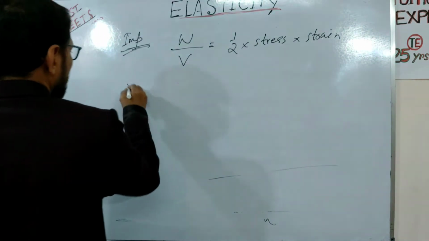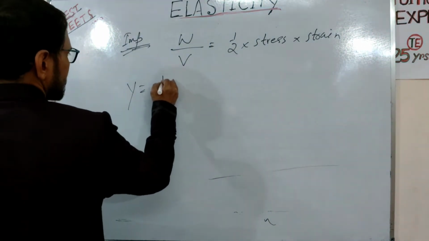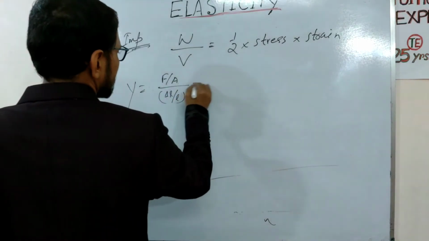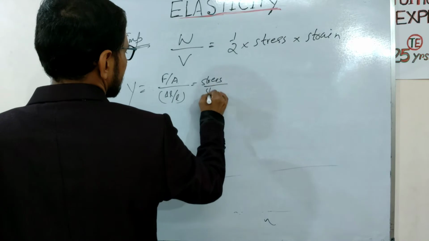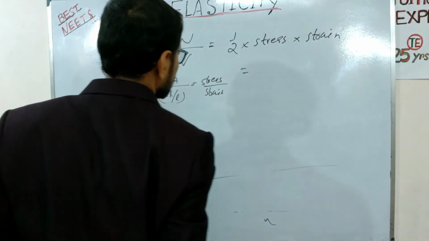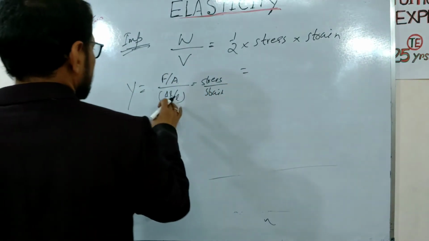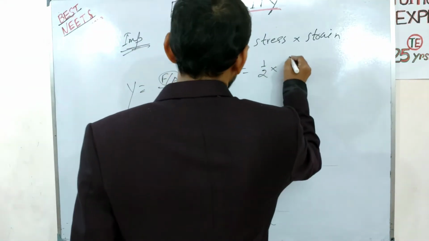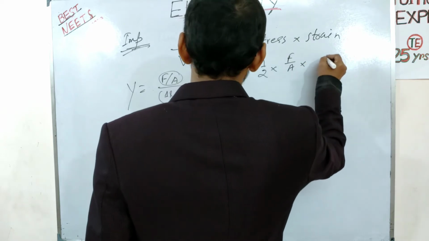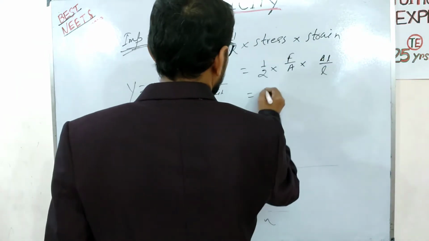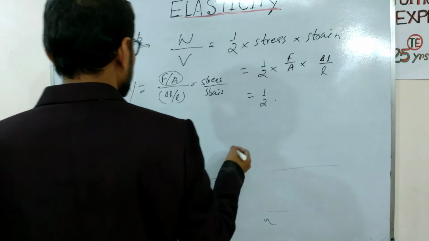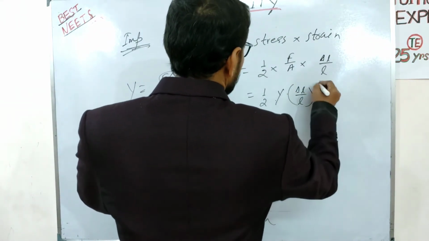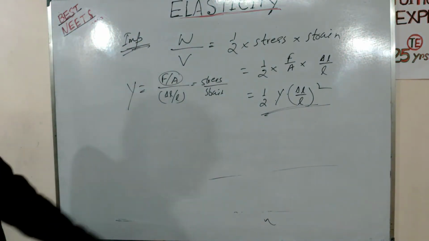Now Young modulus is also stress by strain, F by A by del L by L. Now, if we convert the whole term to Y and del L by L, half into stress into strain, where strain is del L by L, and half into F by A. F by A equal to what? Y into del L by L. So half Y into del L by L whole square. This is one expression.